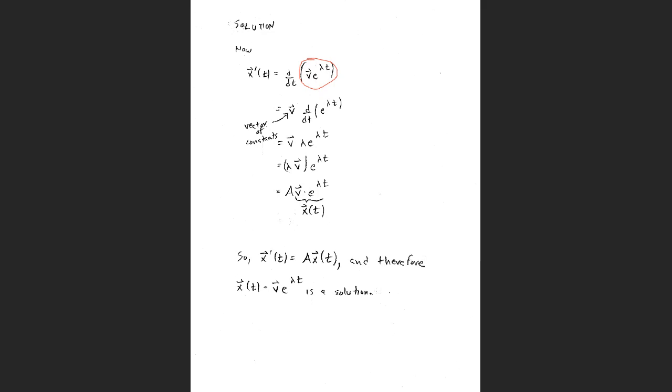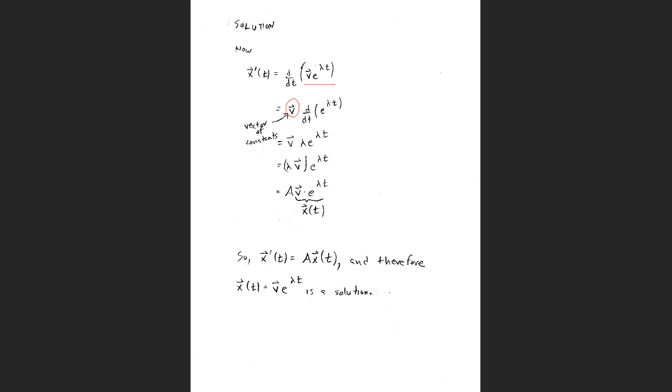So what am I going to do? I'm going to differentiate the eigenfunction with respect to t. I'm taking the derivative of that eigenfunction vector. But the vector v, remember, is an eigenvector, and it's a vector of constants, of numbers.